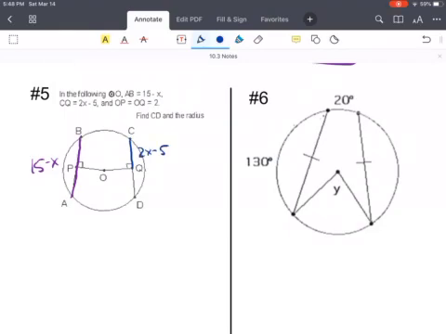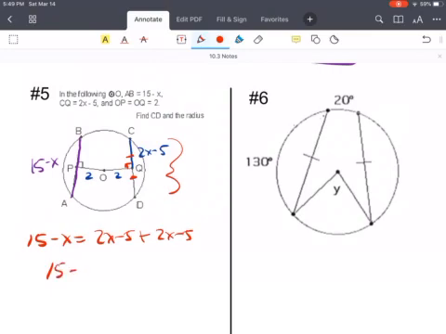So number 5, on one side it gives us AB is 15 minus x, and on the other side it's 2x minus 5. But because they are both 2 units from the center, that means the entire segment of AB, 15 minus x, is going to have to be equal to the entire segment over here on the right, which is 2x minus 5, but also another 2x minus 5 because it's cut in half.